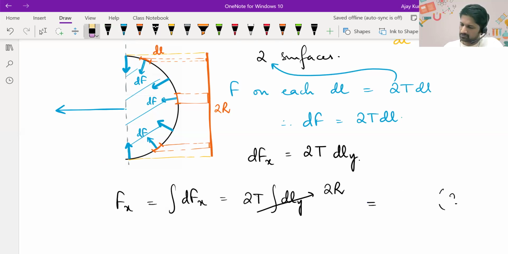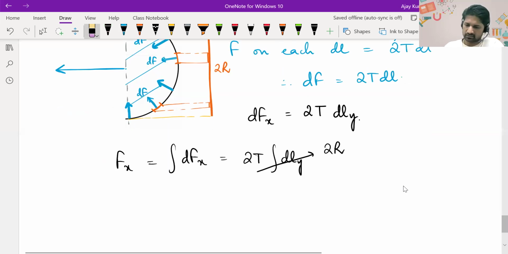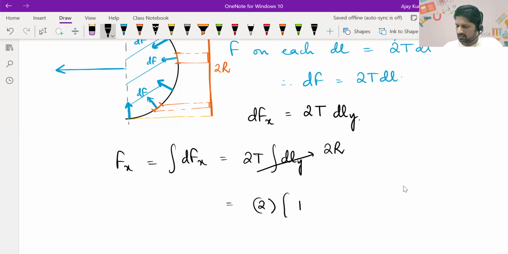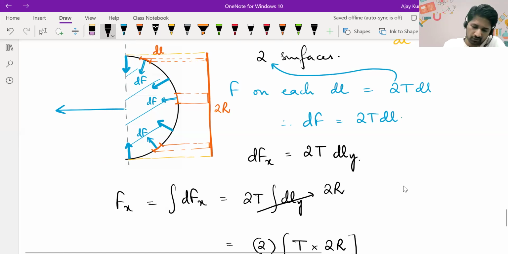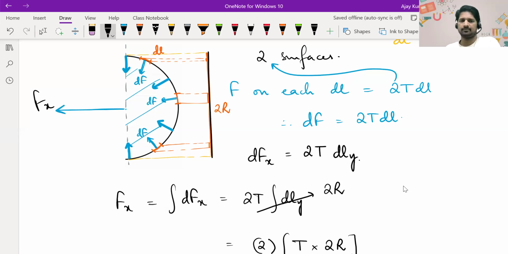The first two comes from the fact that there are two surfaces. Okay, that's fine. We'll put it aside. Multiplied with T into 2R. T is surface tension. 2R is the length perpendicular to the force due to surface tension. Force due to surface tension was in the x direction. So we had to consider length in the y direction. That is what matters.